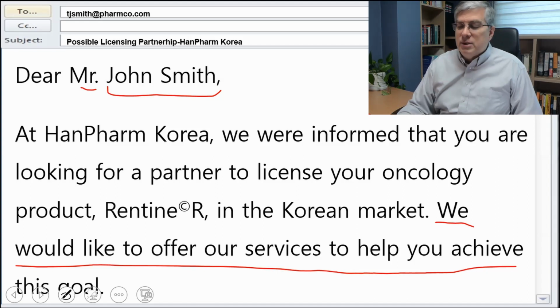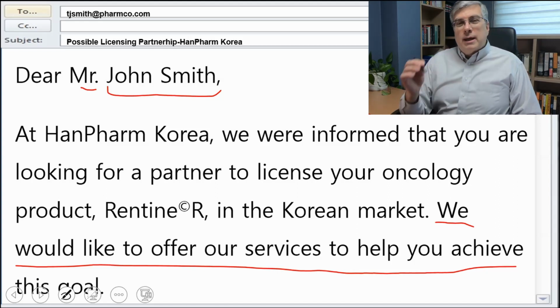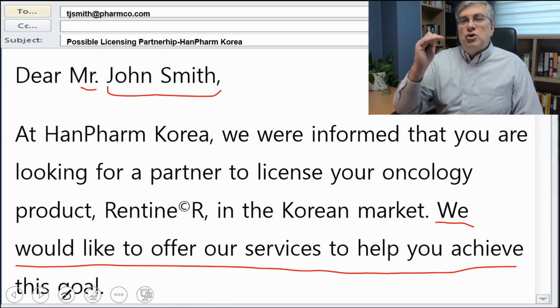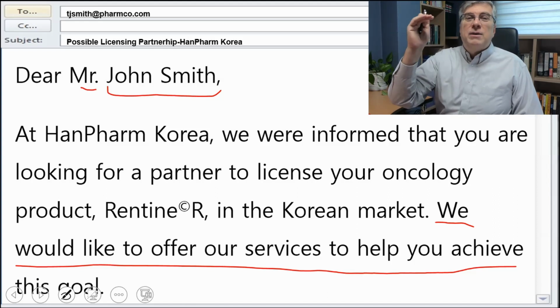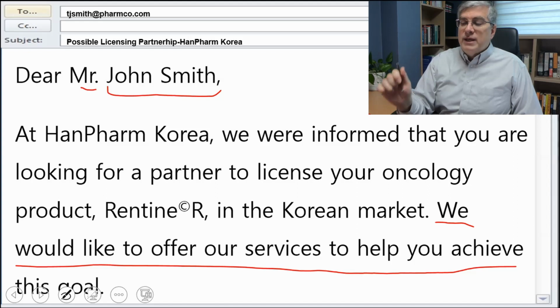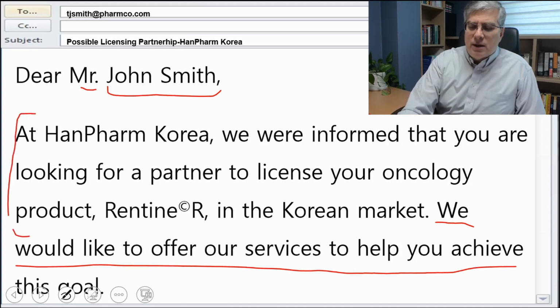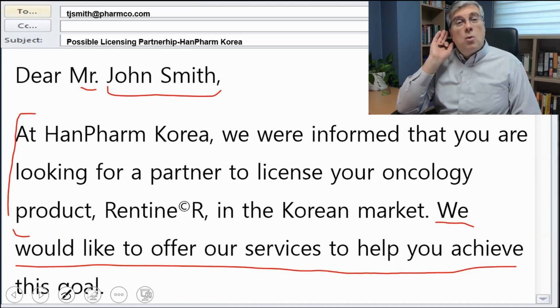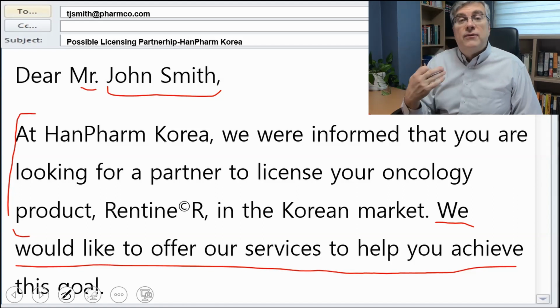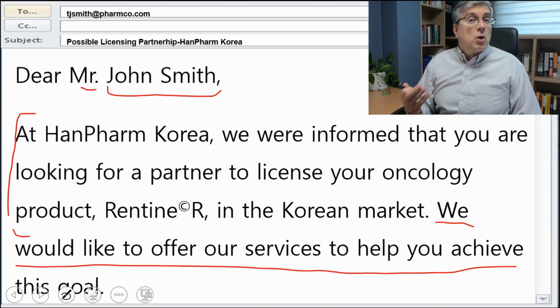I can't underline the bottom, but you get it. So again, when you write your email, try to put your purpose at the very beginning of the email. Of course, the first sentence here is a little bit of background information. It's kind of like saying, we heard, we were informed, someone told us, right?